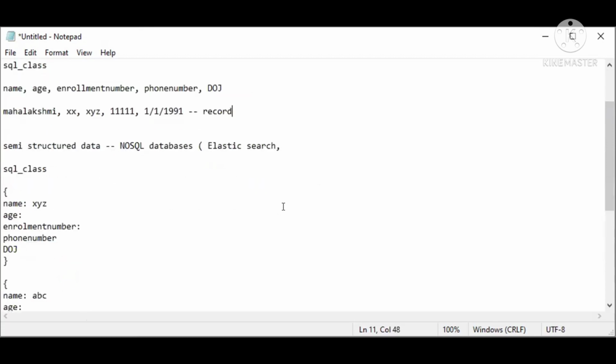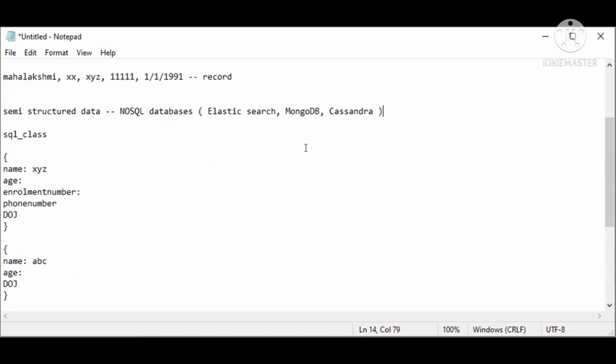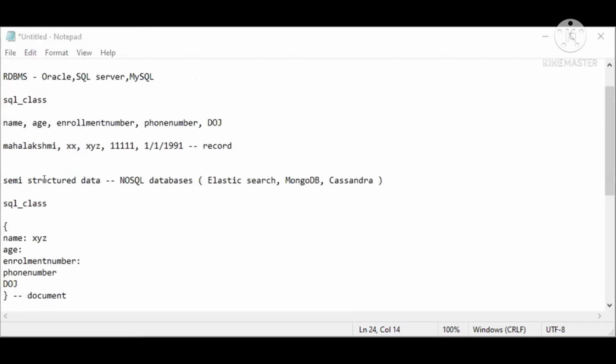In semi-structured data, for which we use NoSQL databases like Elasticsearch, MongoDB, and Cassandra, which are some famous NoSQL databases, we don't call these entries a record, but a document. All right, so this is on semi-structured data.